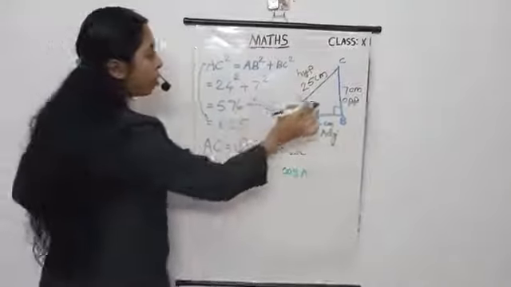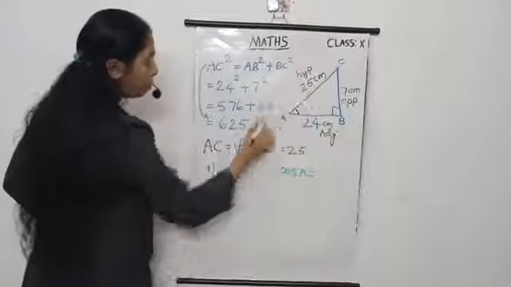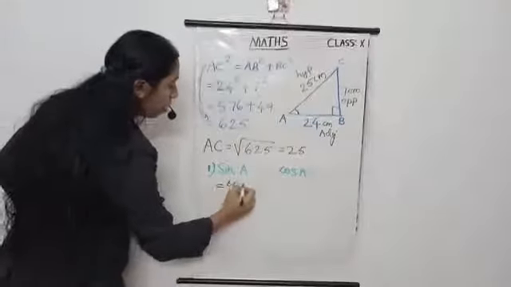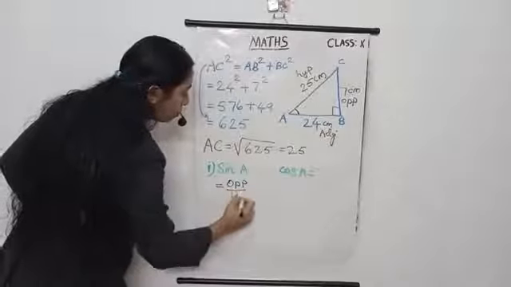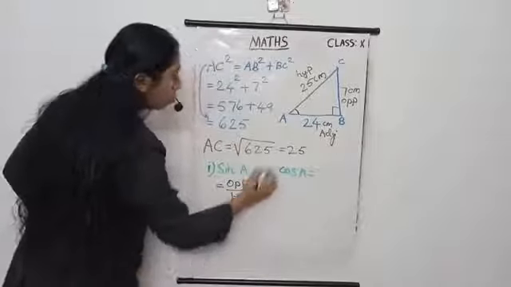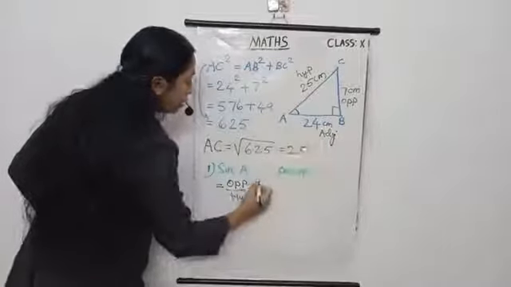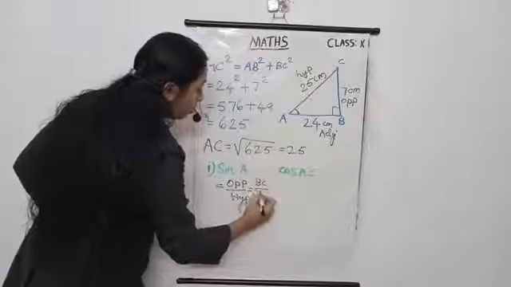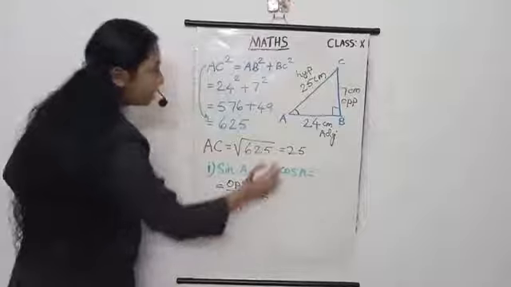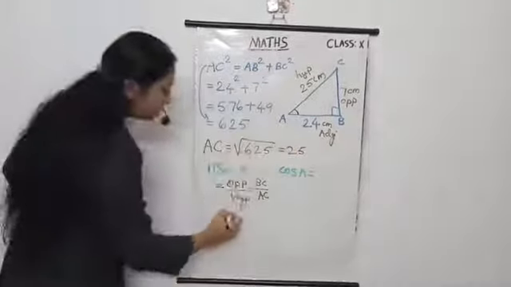Sine means opposite by hypotenuse, and according to angle A, the opposite side is BC. So BC by its hypotenuse AC, and BC is 7 centimeter.